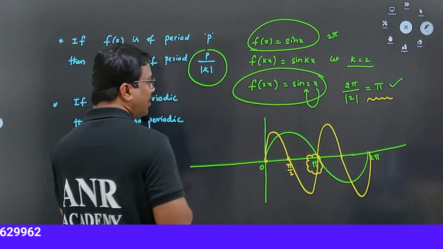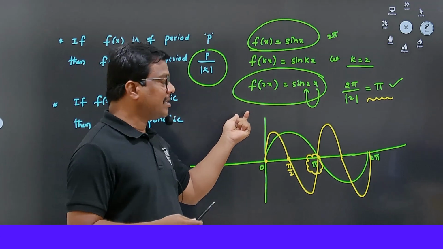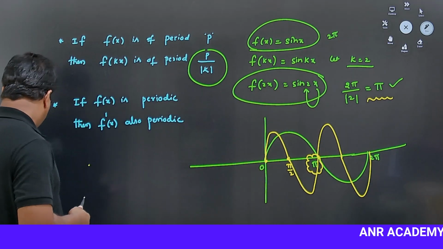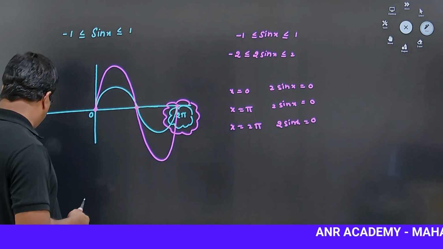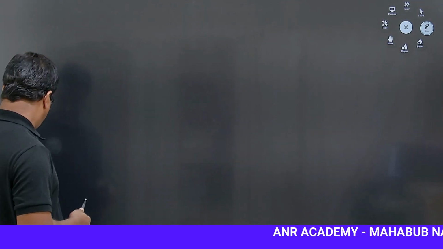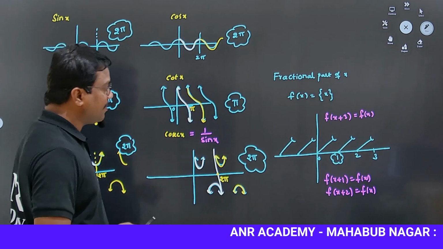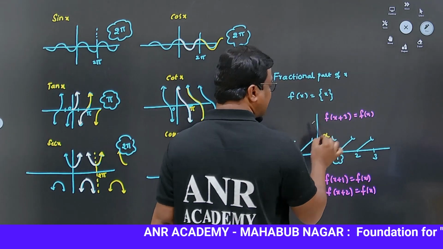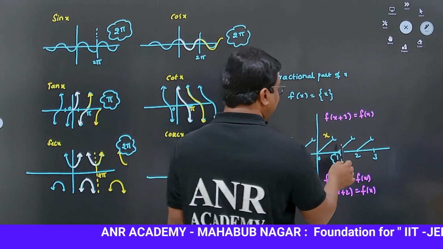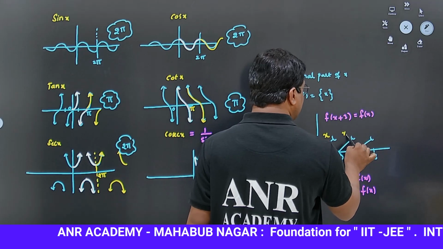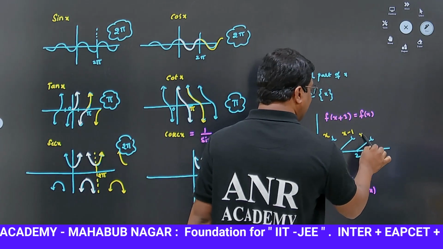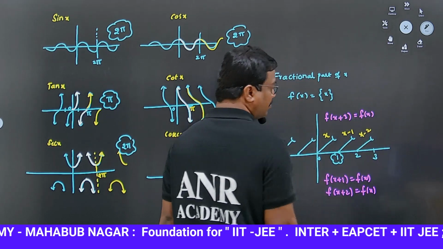Next, for a special type of function, that is the fractional part of x, it is a piecewise function. In the regular intervals, in the interval 0 to 1, it is x. In the interval 1 to 2, it is x minus 1. In the interval 2 to 3, it is x minus 2.